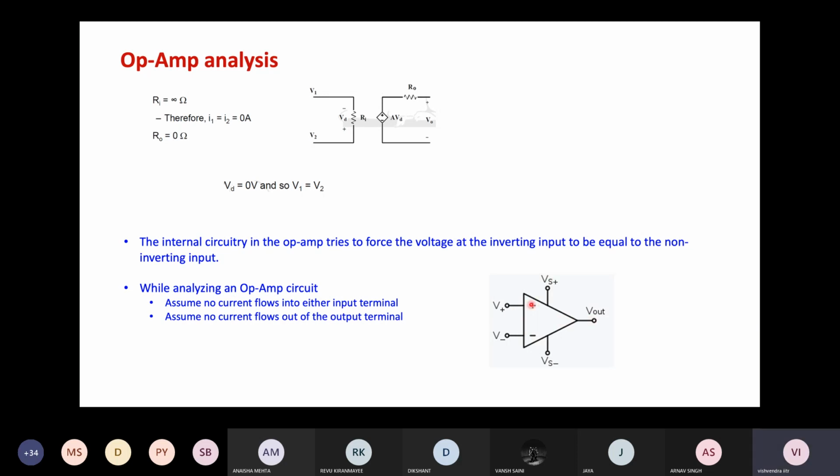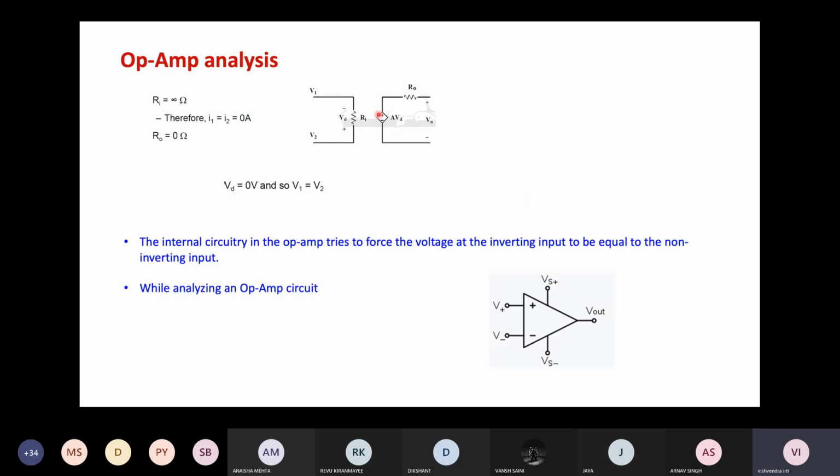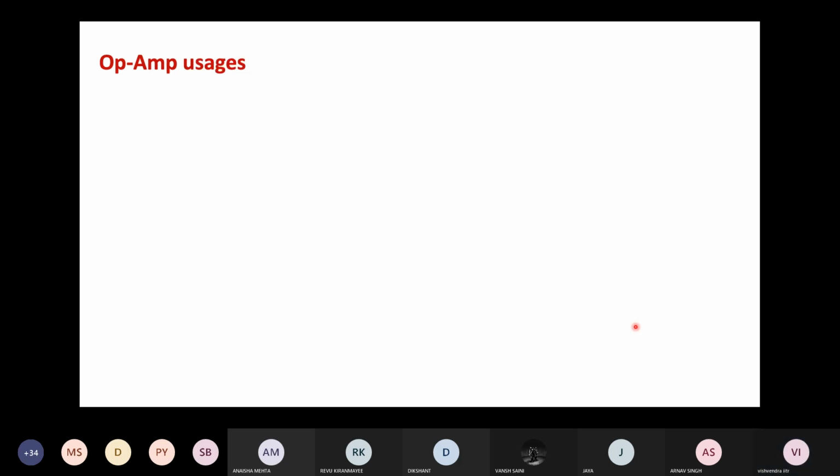Just remember these 3 things and you would be able to solve any circuit of op-amp actually. You don't need to remember any equivalent circuit diagram, but these things are good to know because otherwise it's just like memorizing things. So now let's see how we use op-amps in electronic circuits.